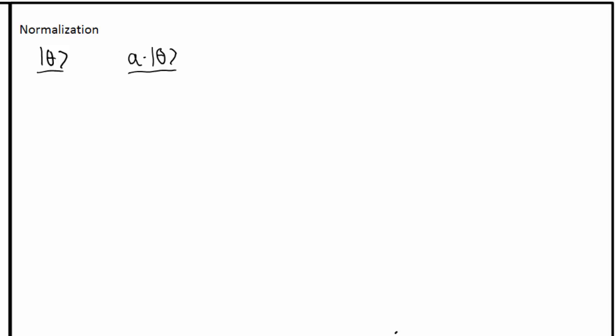That means you can take any state, multiply it by any constant except for 0, and you'll end up with a formula representing exactly the same state. So we can use this to normalize states.